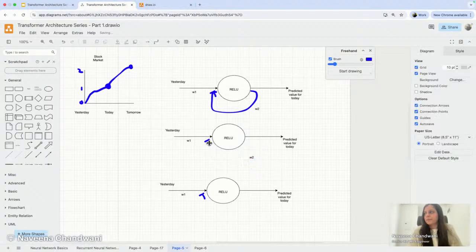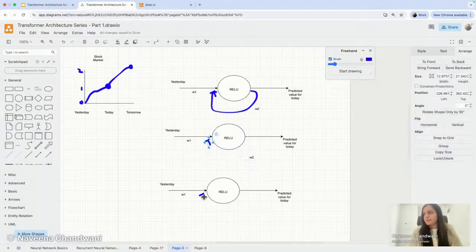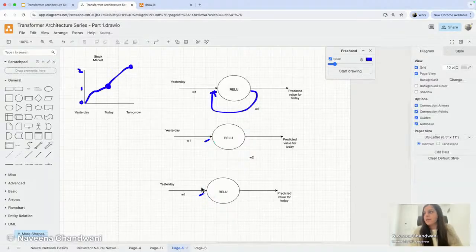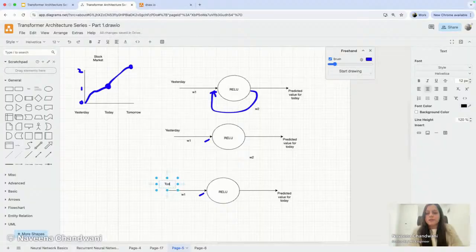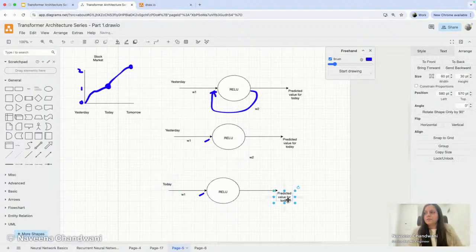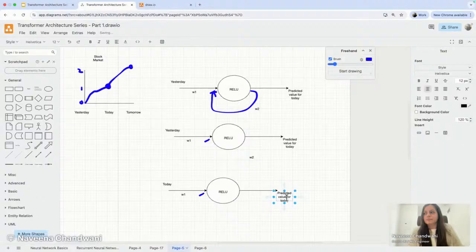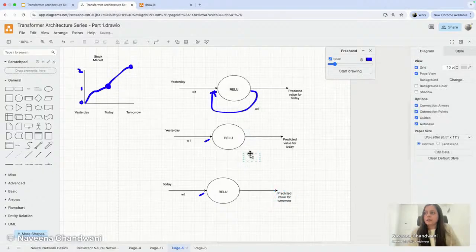Good enough for now. And here we show today's value and the predicted value for tomorrow, which is what we want. And this that we were feeding back in, this feedback loop, instead can be shown here.